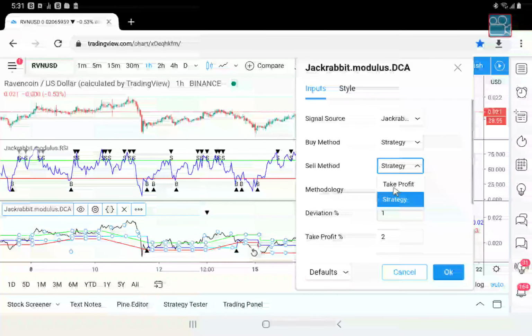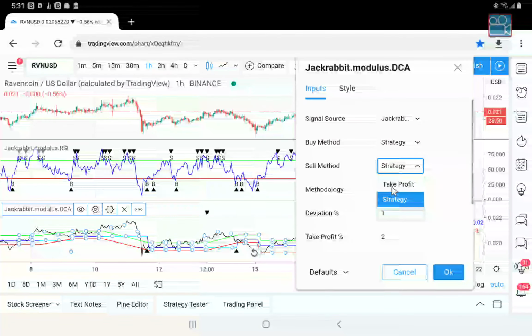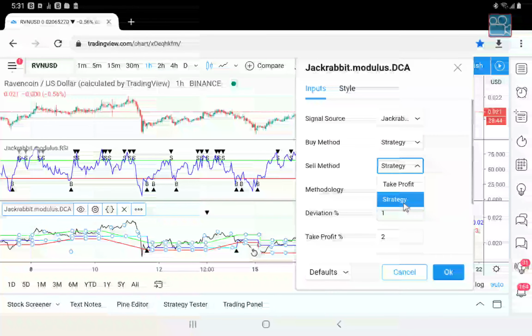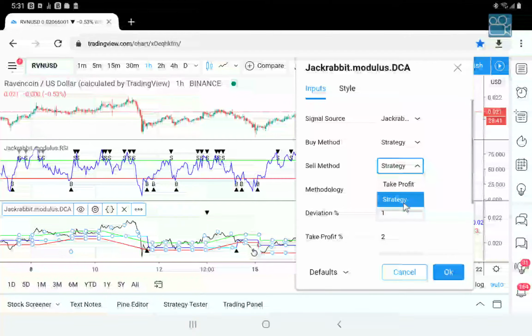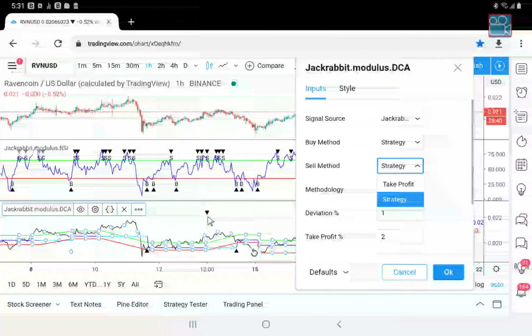The take profit, same as the savings account. Whatever the profit is, as soon as that profit is hit, it sells it. If you have your sell methodology at strategy, then your sell signal must be above the take profit line before it is allowed to happen.